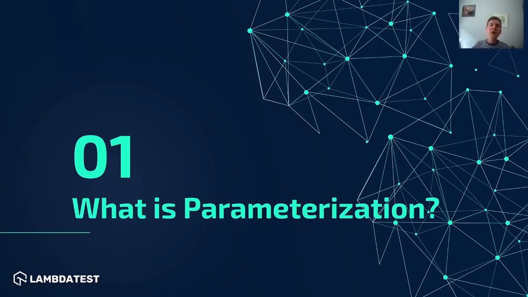Now, we could use parameterization to loop over our to-do test multiple times for different browsers, and therefore we don't have to run our test once and then change the capabilities and run it again. We can just allow those capabilities to be changed as our test is looped over multiple times. So in this video, we're going to look at how we can use Mocha to parameterize our test.